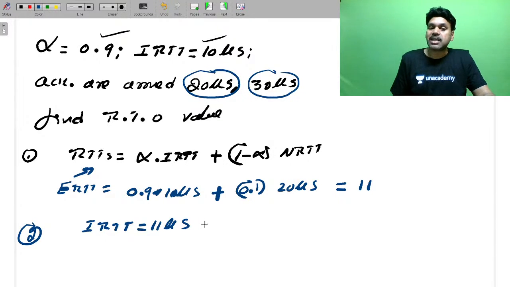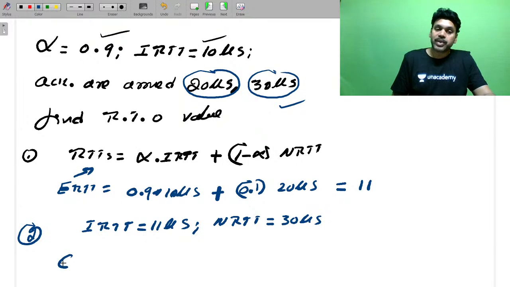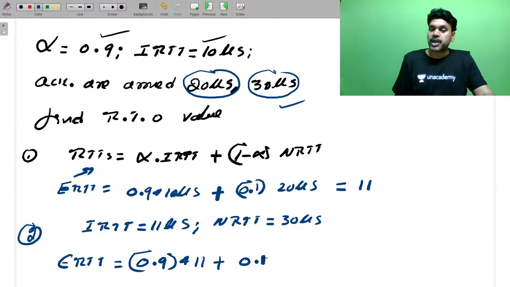So IRTT is 11 and you got acknowledged how much? 30. Your acknowledgement has come at 30 microseconds. So again I am going to find your estimated RTT, which is nothing but 0.9 into your 11 plus 0.1 into your 30.